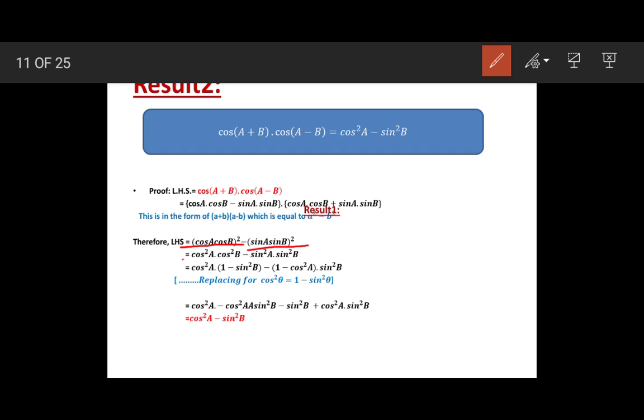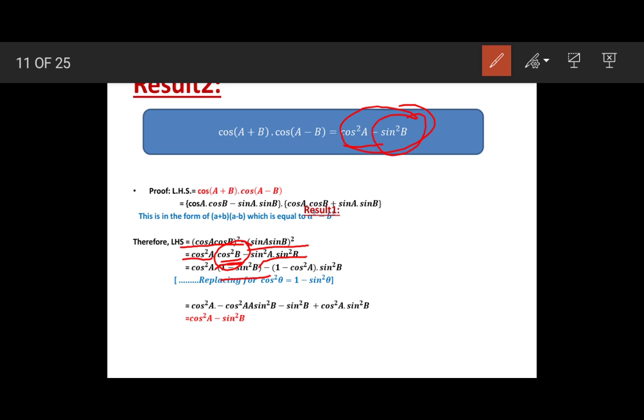So that means cos²A cos²B minus sin²A sin²B. But see the right hand side. In the right hand side, the first term is cos, so I have to convert this cos²B in sin. So after converting cos²B in sin, we get 1 minus sin²B.